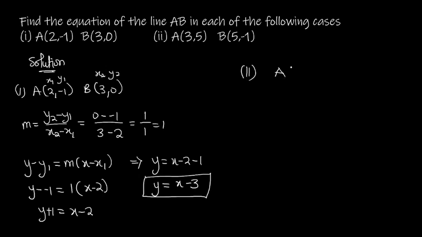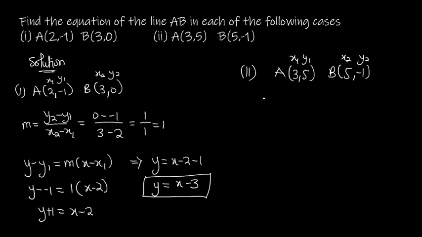Alright, so let's look at the second aspect. So I have A with the coordinates 3 and 5, B with the coordinates 5, -1. Alright, so I label this x1, y1, x2, y2. As usual, because I'll be using this formula in finding the equation of the straight line, I need to calculate the gradient first.